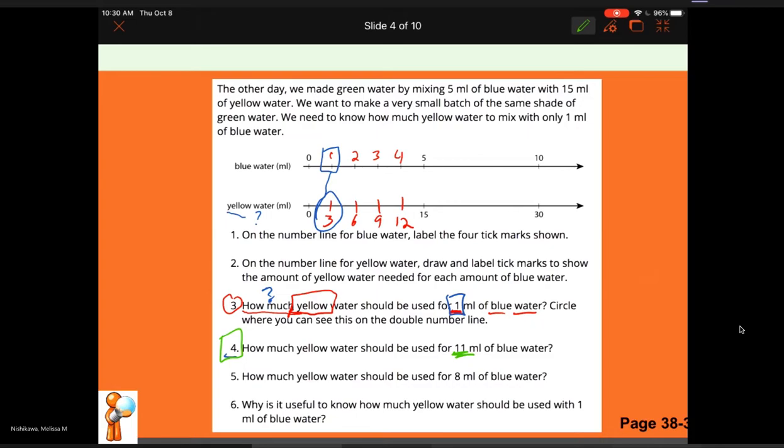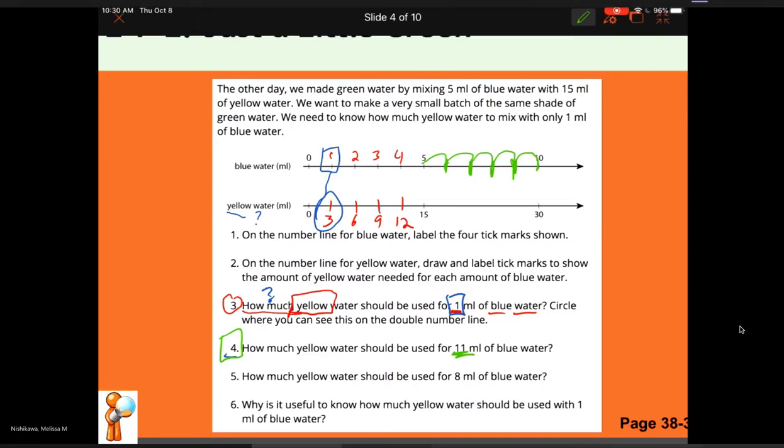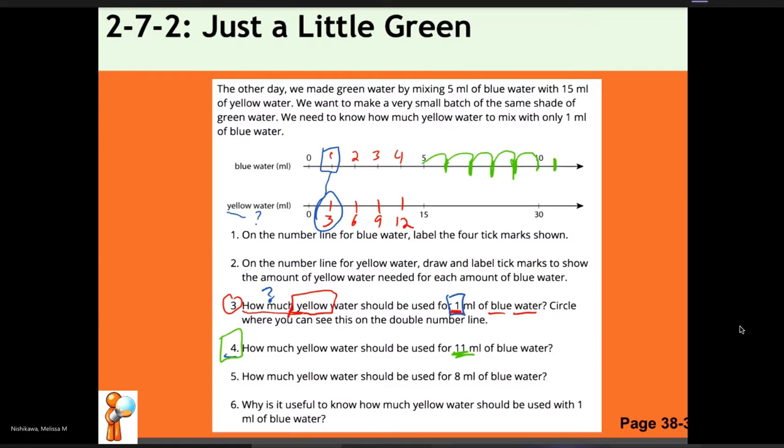Okay, well, I did not label all my tick marks. So between 5 and 10, I know I have 5. So I have 1, 2, 3, 4, 5. Each of these is a tick mark. Then after, I know I have 1 more. So this would be 11.